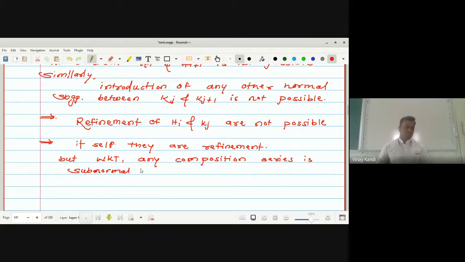And by the above theorem, Schreier's theorem, any two subnormal series are isomorphic to each other, and m is equal to n. Hence the proof. Any doubt? No, sir.